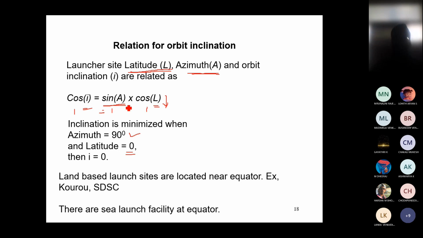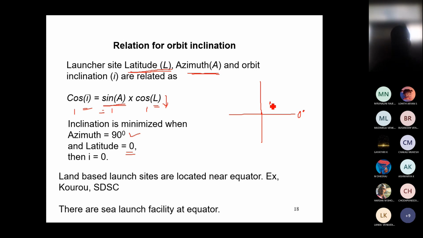Okay, because let me draw the equatorial line. This one is the 0 degree equatorial line, and Sriharikota is north of equatorial line or 0 degree latitude, and this line represents the longitude, which is from north to south.